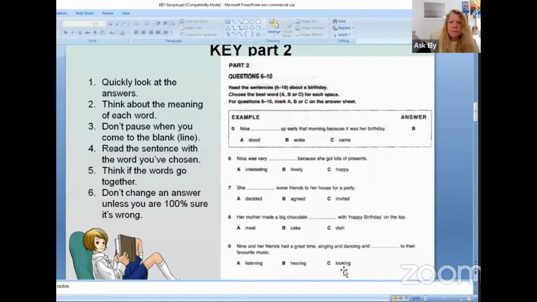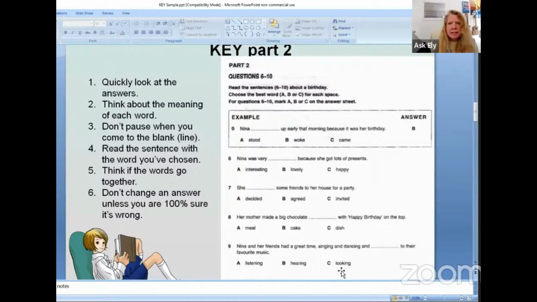So two different words means two different things. And then looking is different than seeing, because looking, you're looking for something, right? You're looking at information. You're looking at some children playing outside, right? You're looking at something. You're looking for information.